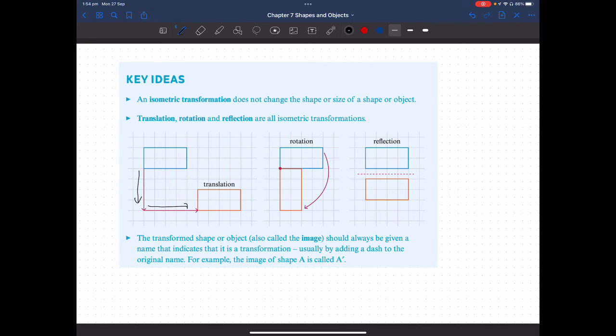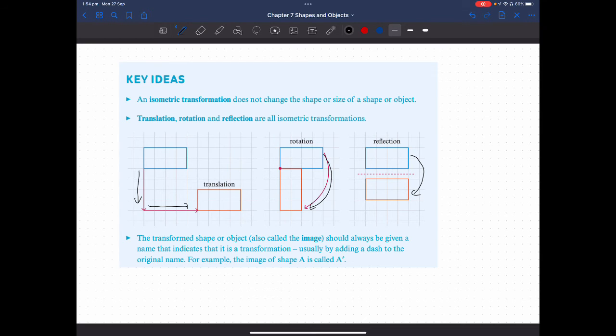So there have been two translations. In the second diagram, we're shown a rotation. The blue rectangle is turned around, it is rotated. And in the last illustration, there is a reflection, like in a mirror, through the dotted line.